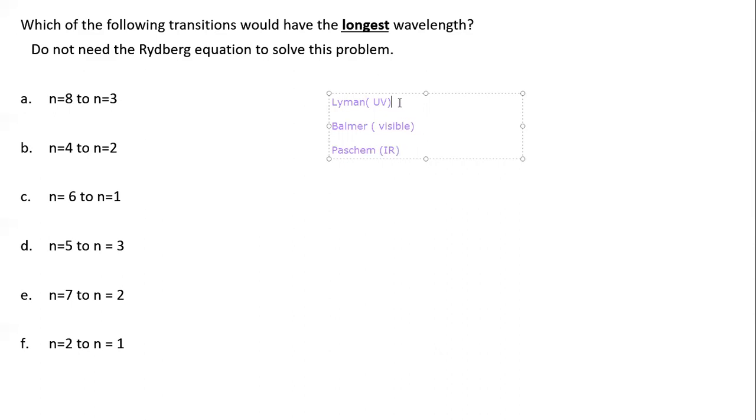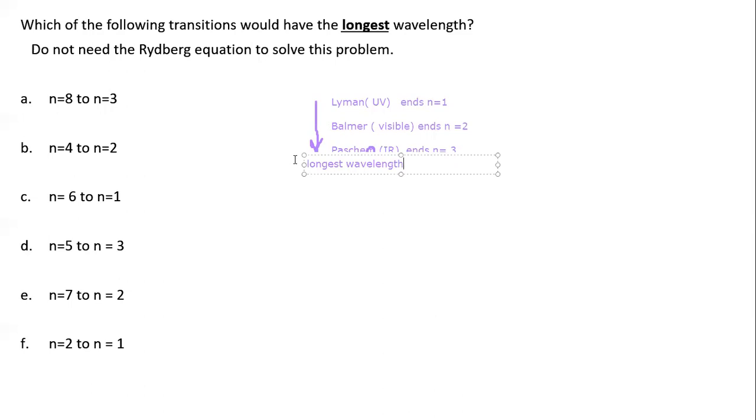And again, the Lyman ends in n equal 1, Balmer ends in n equal 2, and Paschen ends in n equal 3. And remember that as we go from Lyman to Balmer to Paschen, we increase wavelength. So this would have the longest wavelength.